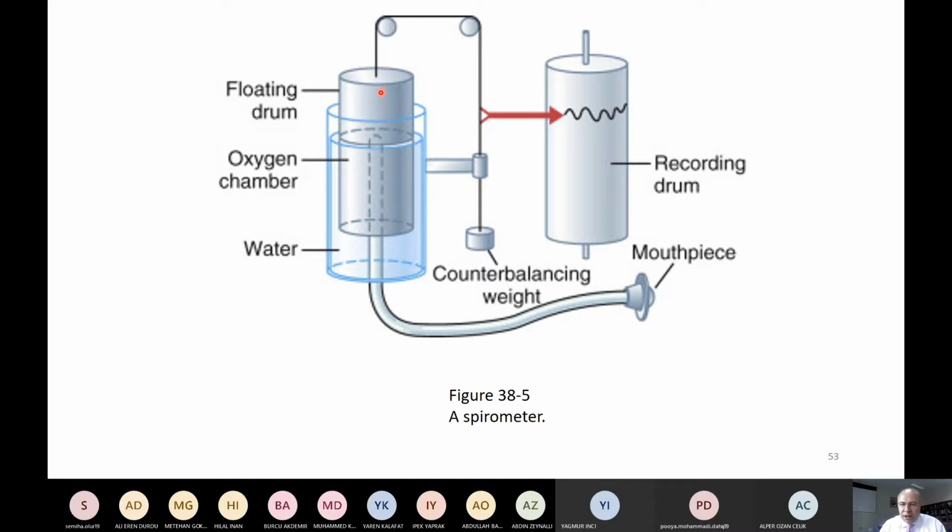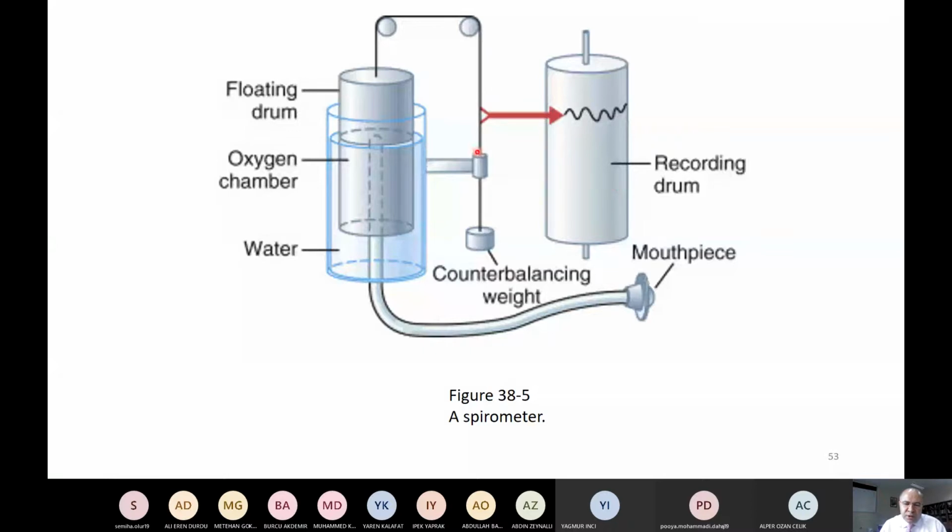When the patient expirates, this time the air goes the other way. This is the water-based spirometer.